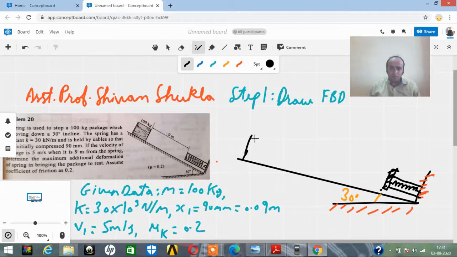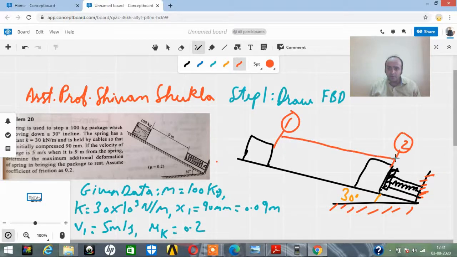This is the block at position 1 and this is the block at position 2. Here is position 1 and here is position 2. The distance from position 1 to position 2 is nothing but 9 plus x, because already it is being deformed by x. So 9 plus x meters.